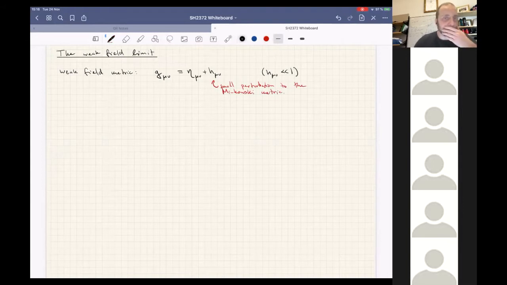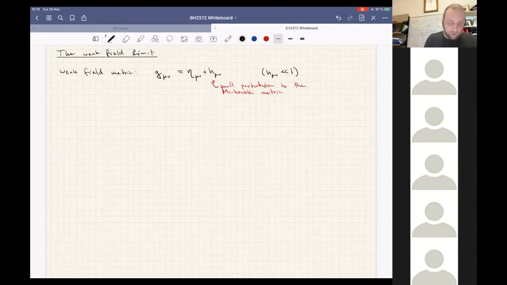Now, what we will then do is proceed to go through everything that we've done so far. So we will derive the Christoffel symbols, we will look at the curvature tensor, and finally we will look at the Einstein field equations linearized in this perturbation h. So we will only consider terms linear in h, and we will not consider any terms that are h squared or above.